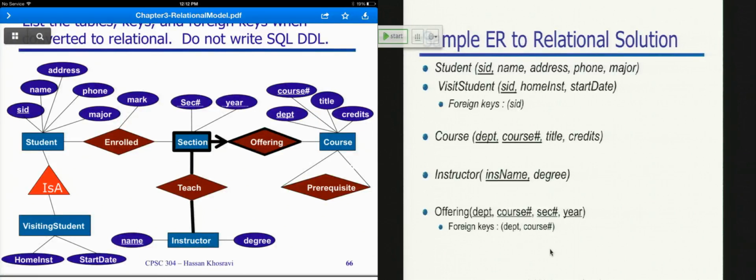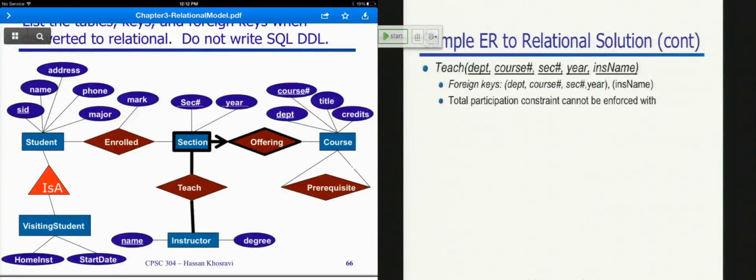The way we have it right now is no, because you're going to have a teach relationship, where that instructor is going to be teaching this offering. Alright, so teach, an instructor will be teaching a section offering.